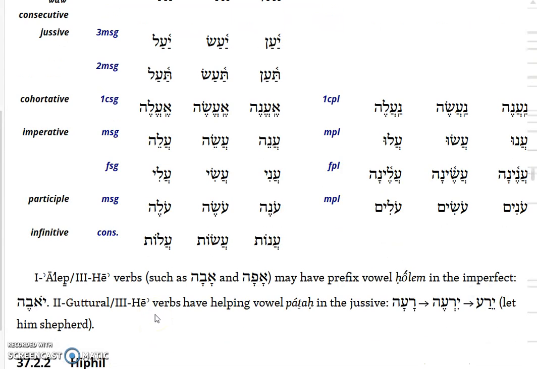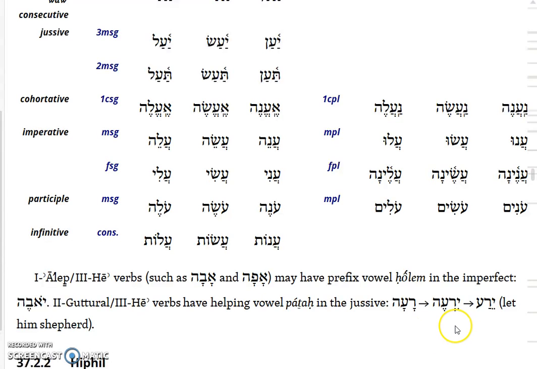Now, first aleph and third hey verbs like avah or afah may have a prefix holem in the imperfect. So you get yoveh for avah. It is also possible to have a guttural in the second position of the root and a hey in the third position, as in ra'ah, to shepherd.